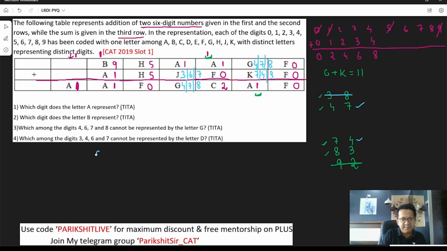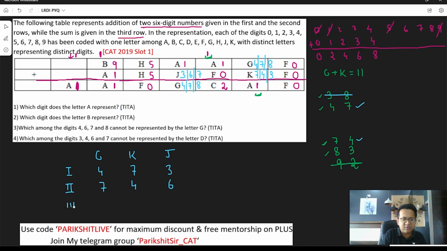So I'm just writing it here. The possibilities were G, K, J, right? In scenario 1, we had G as 4, K as 7, and J as 3. In scenario 2, we had G as 7, K as 4, and J as 6.